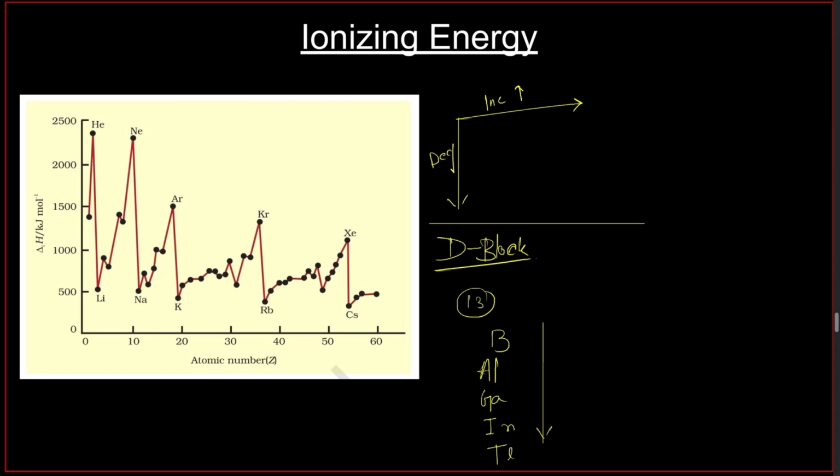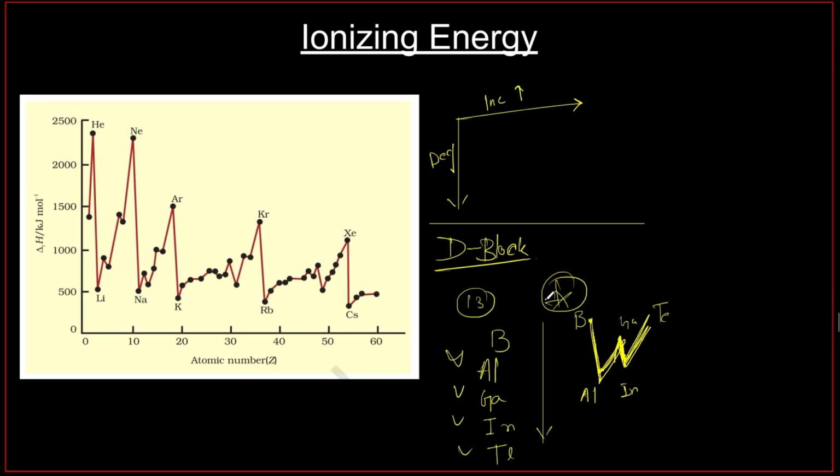We are going down the group. We expect it to keep decreasing, but it does not look like that. It looks something like this: boron, aluminium, gallium, indium, thallium. Keep this in mind.